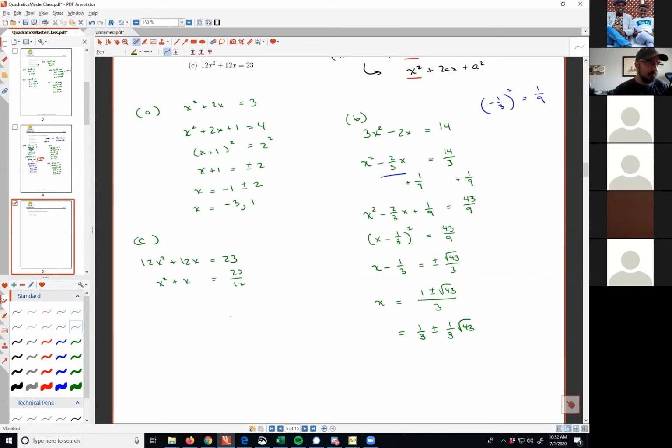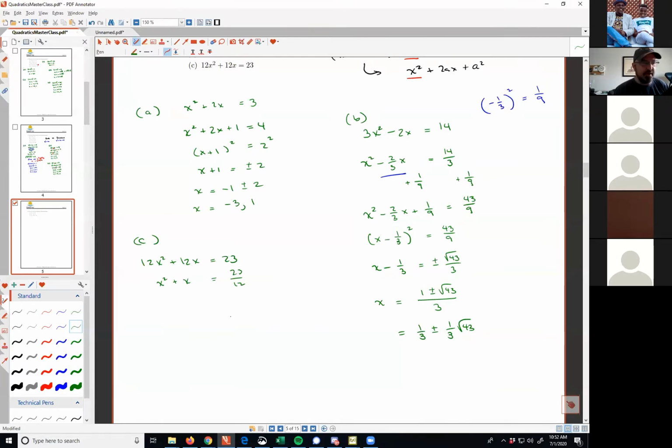We can add 1/4 to both sides. Okay, I'm going to let several people chime in here. Wouldn't we rather add 1/4 to both sides?